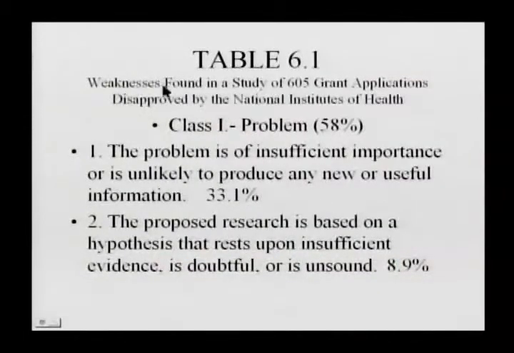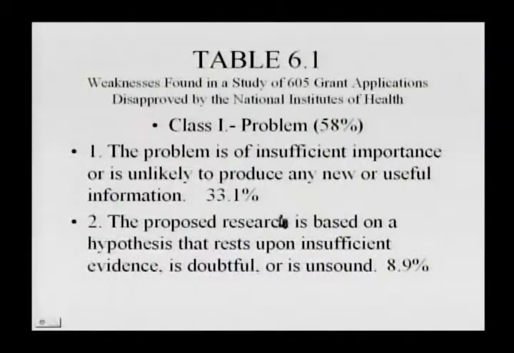So now, what might be some of the weaknesses found in proposals? This is from table 6.1 of our textbook, in a study of 605 grant applications disapproved by the NIH. So class 1 problems showed up in 58%. The research problem identified, the statement of the problem, is of insufficient importance or is unlikely to produce any new or useful information.